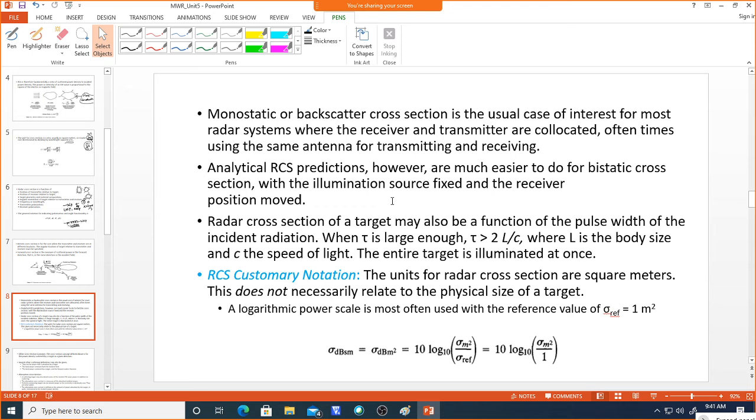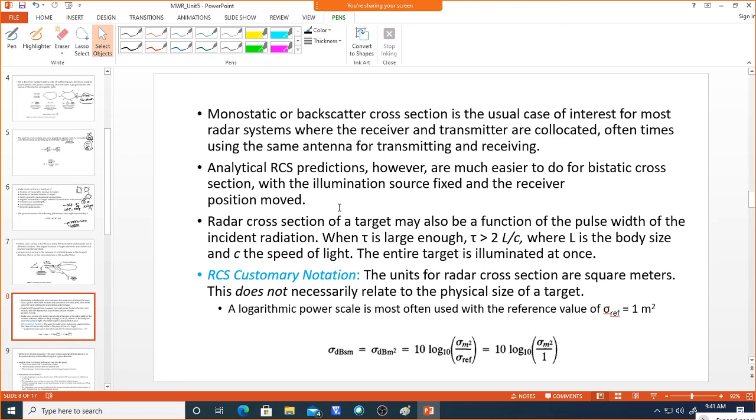So you go around the building, which means the receiver is moving. If the receiver is moving in different directions, the scattered energy will be different. In those situations, the bistatic cross section measurement method will be used.